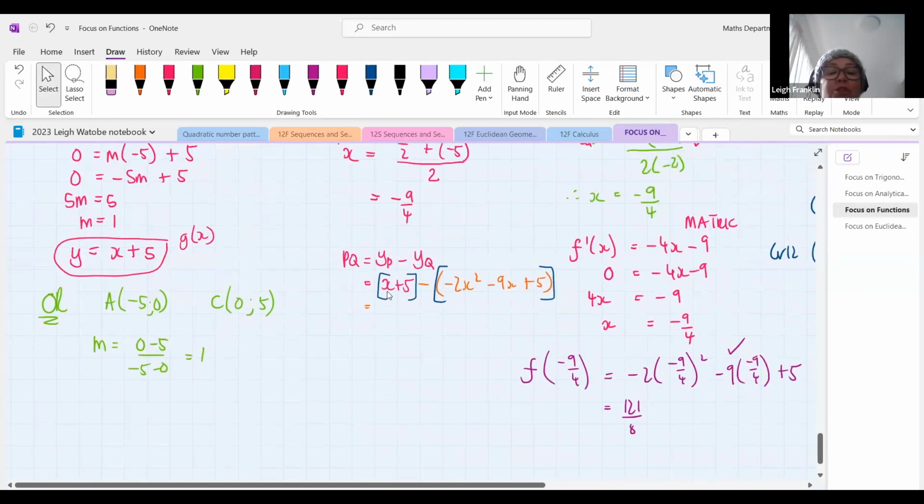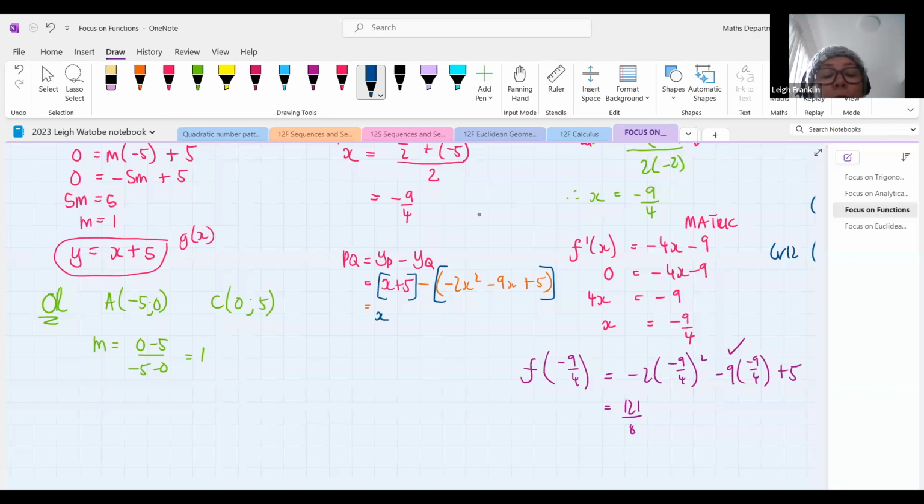So either what I can do is I can sub the x equals 2 in now, or I can remove my brackets and tidy it up a little bit and then sub it in. Okay, it really doesn't matter. Okay, so if I decide to remove my brackets, I'd have plus 2x squared plus 9x plus 5, and then at x equals 2, therefore PQ would be equal to, I'm just going to put it underneath because I don't want to go into this other purple writing here.